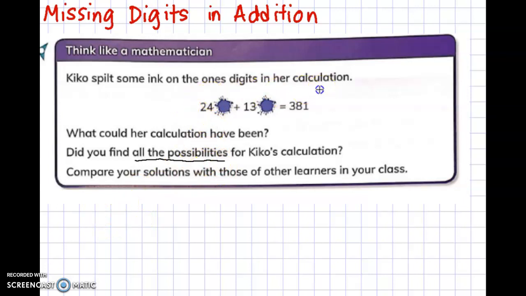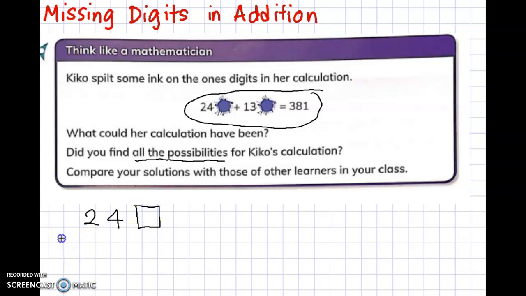We'll do this calculation vertically. So write it out. 240 something plus 130 something equals 381.